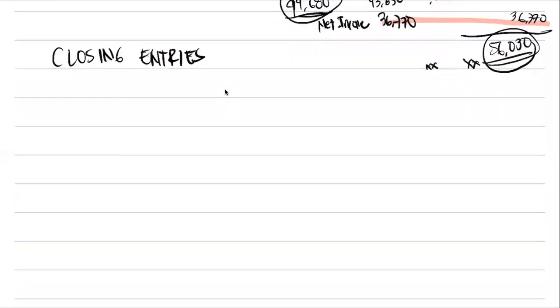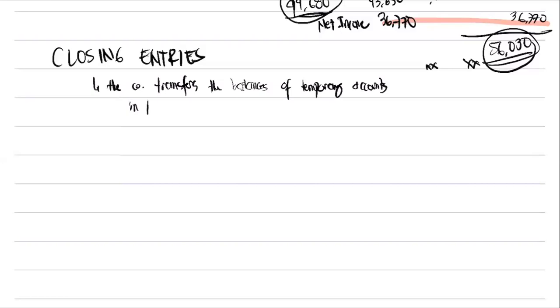So what about our closing entries? What do we make out of your closing entries? In your closing entries, the company transfers the balances of the temporary accounts to the owner's equity account, okay?